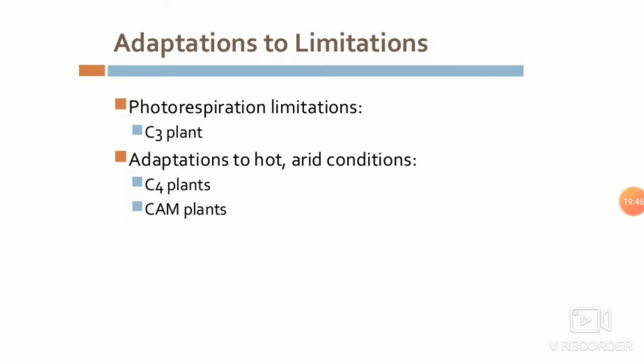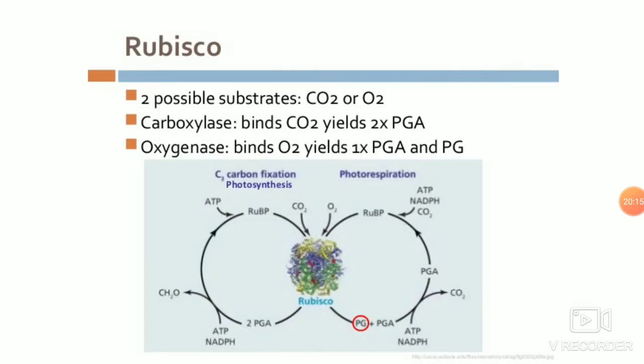So there are some adaptations which plants have come up with, because photorespiration limitations in C3 plants are there. Also in hot conditions, the stomata are not open because there is loss of water when they are open in arid places. So the plants have come up with C4 pathways and CAM pathways.